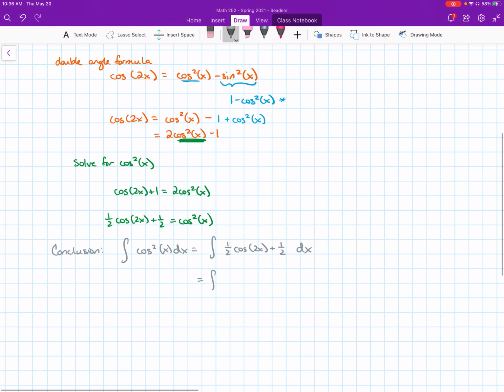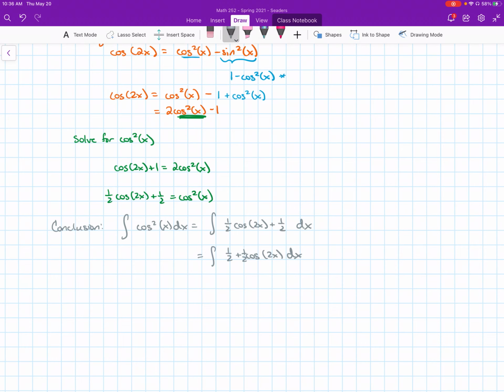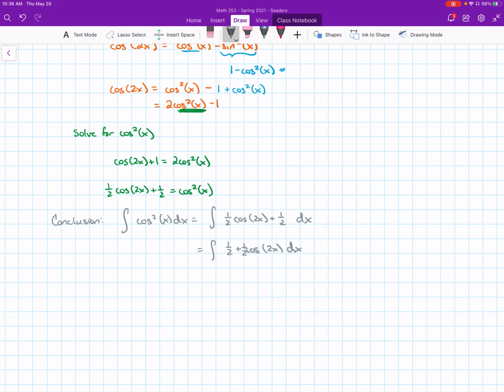Often it's written instead as 1/2 plus 1/2 cosine of 2x. And people often skip to just this trig identity that cosine squared of x is 1/2 plus 1/2 cosine 2x. And now we can find antiderivatives. An antiderivative of 1/2 is 1/2 x. A simple u substitution will give me 1/4 sine of 2x, and then there'll be a plus c.